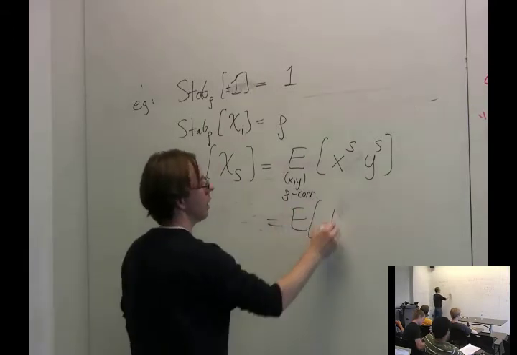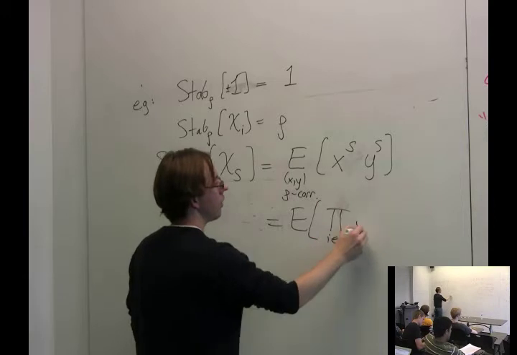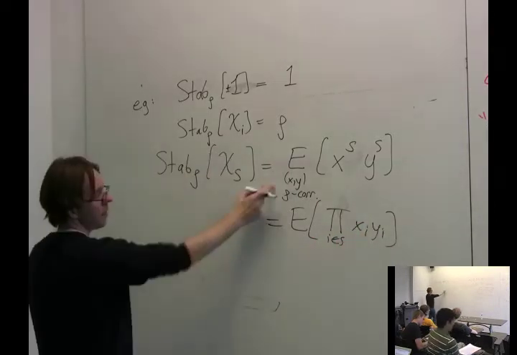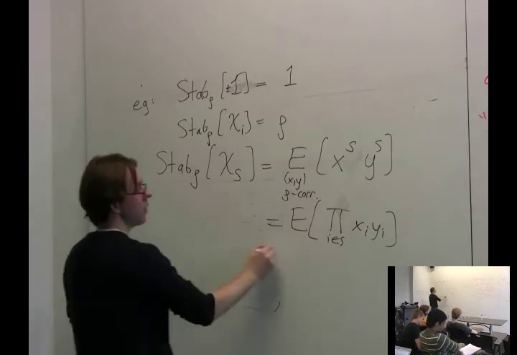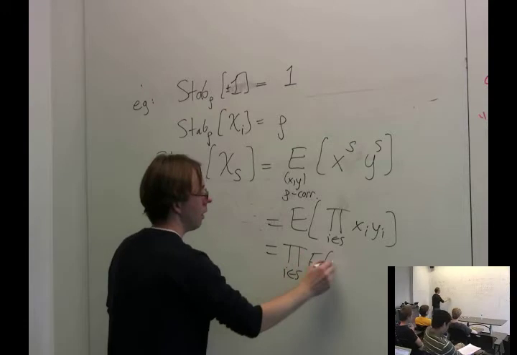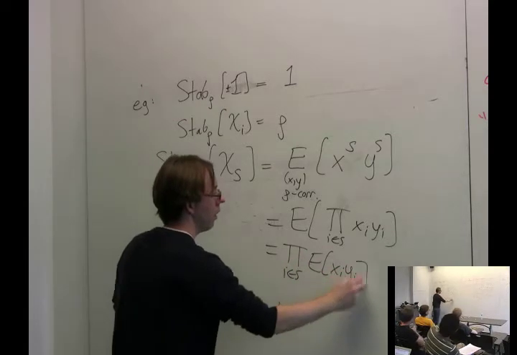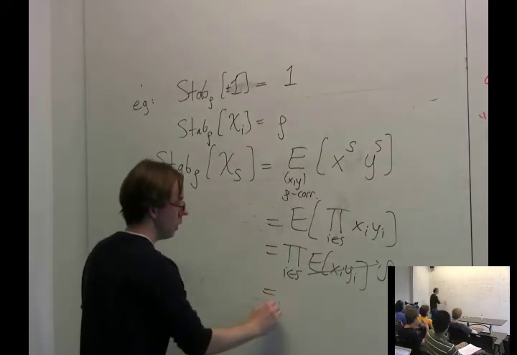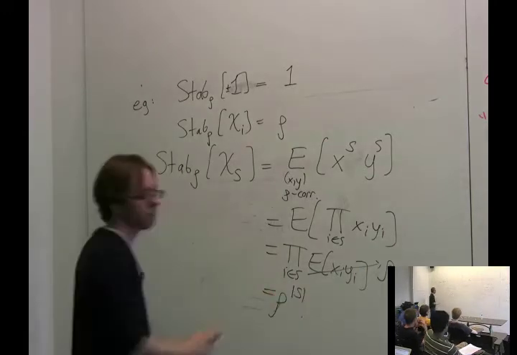So this is the expectation of the product over i in S of xi, yi. And in this experiment, the coordinates are independent, so we can exchange the expectation and the product, like so. Each of these quantities is rho by definition, so this is rho to the cardinality of S.